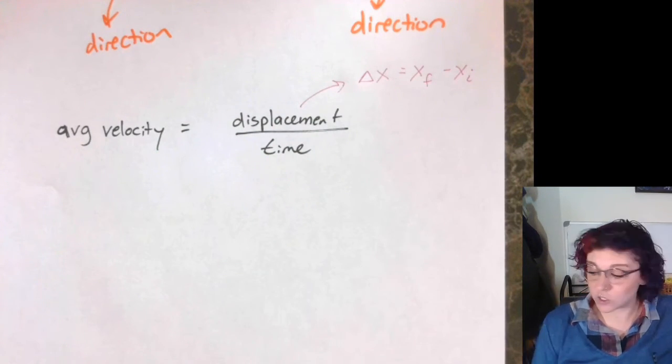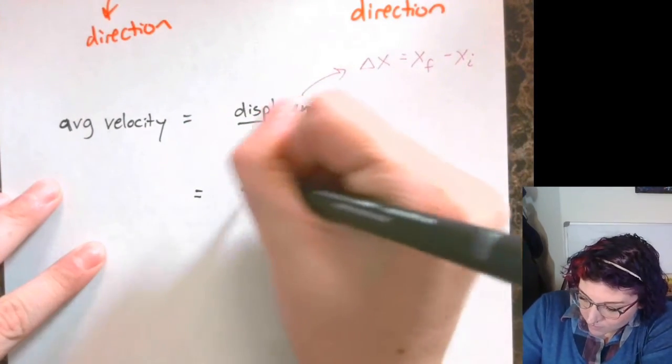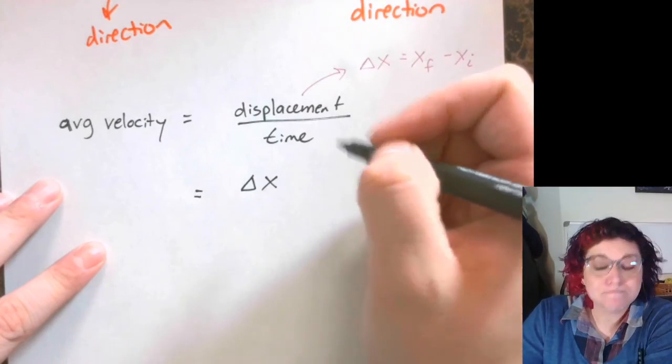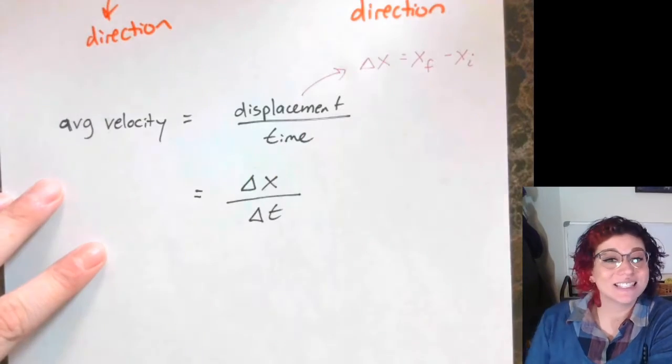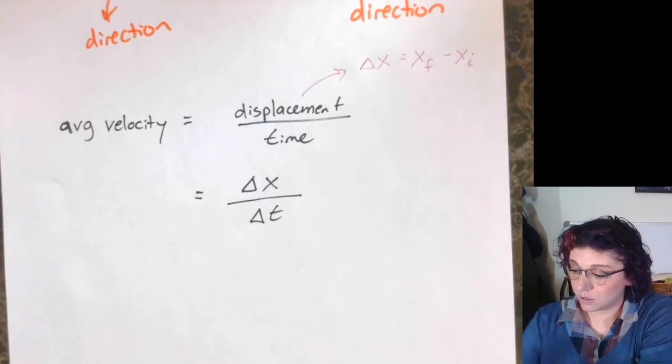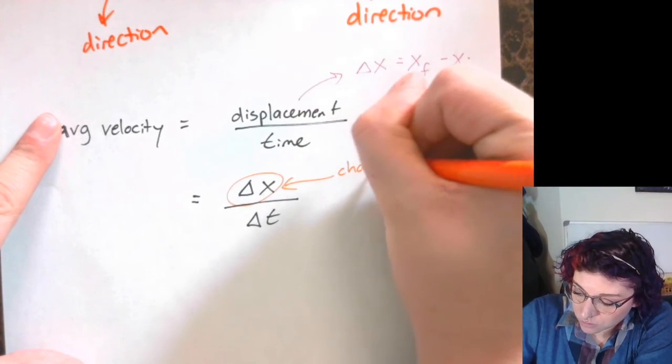So our average velocity equation, we can write it as delta x over delta t. Again, this means change in position.